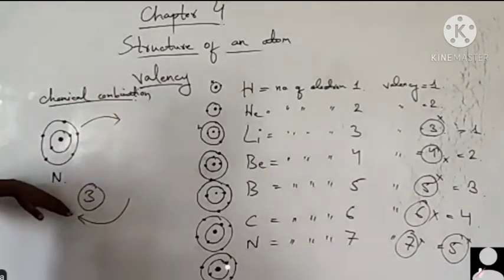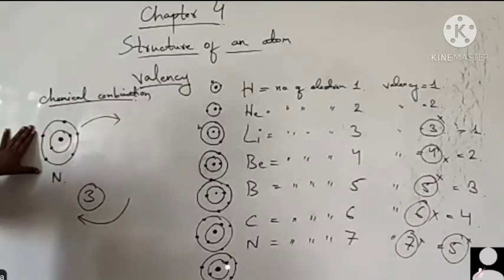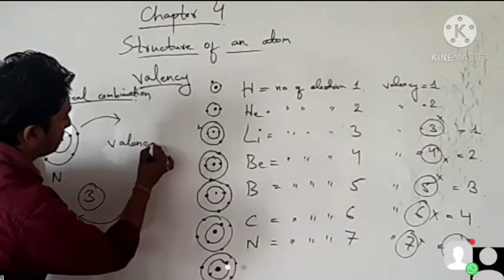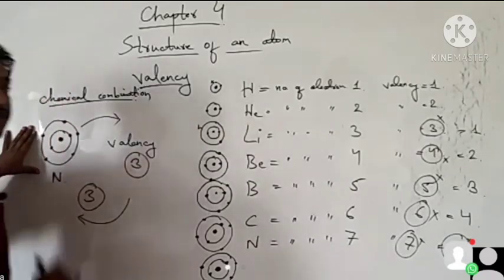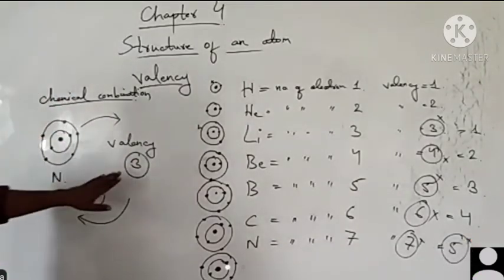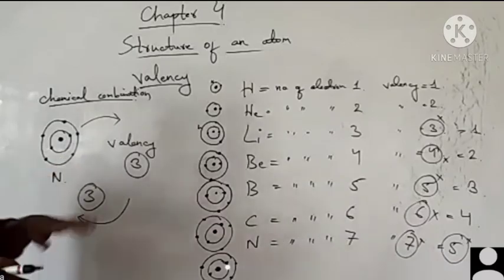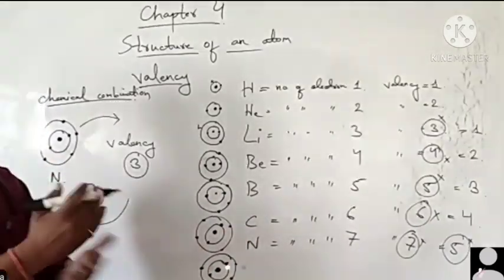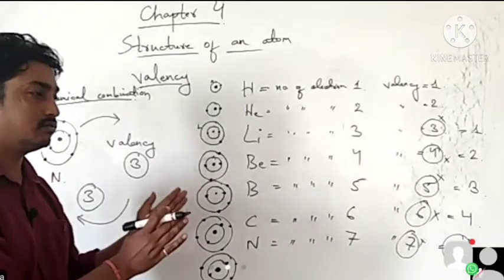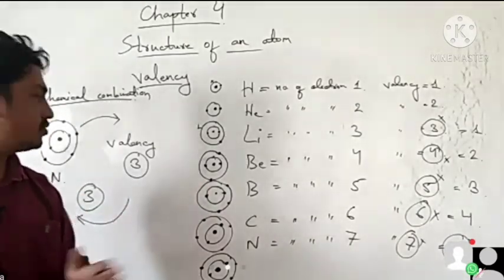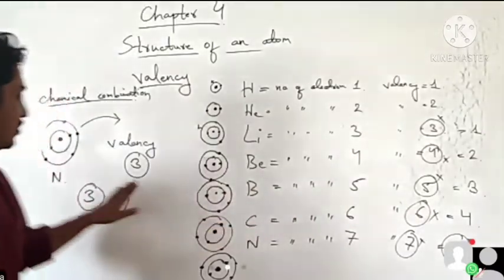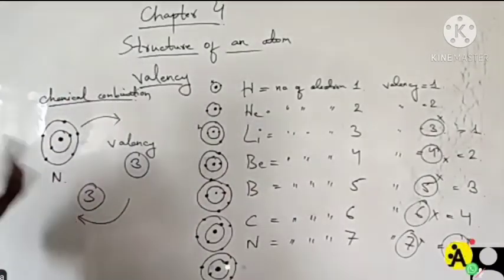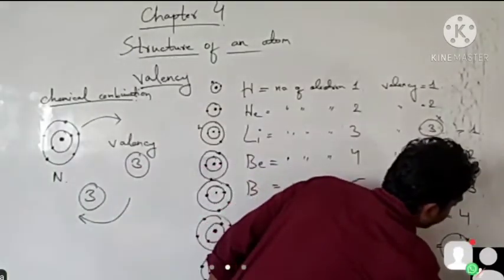That means the valency of nitrogen will be 3. We can't write 5, because nitrogen can't give 5 electrons, as that is much more in numerical value. So 3 it can gain. So for nitrogen we can write valency as 3.